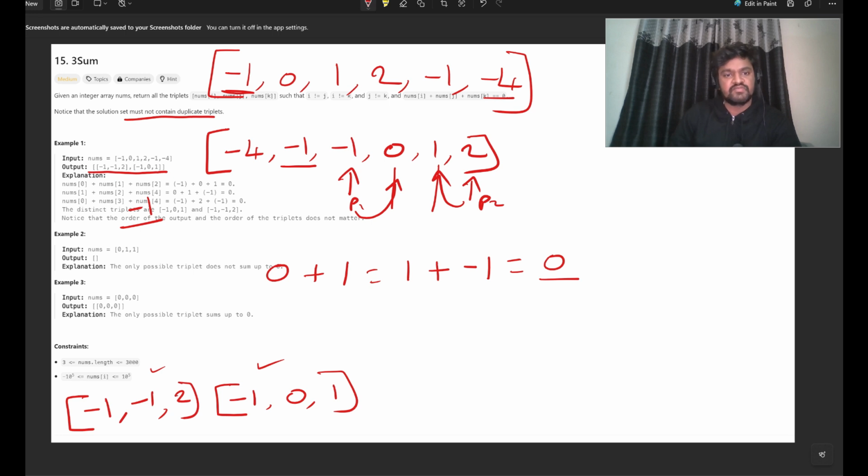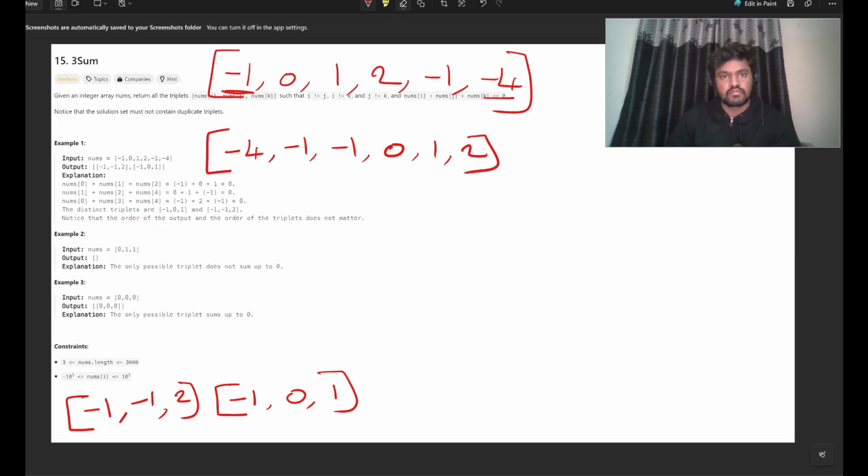Now after that, we should move our static value one step ahead, and we can start the same procedure again. Okay, now I'm moving here, p1 is here and p2 is here. Minus 1 is the static value, right? When I do it, p1 points to 0 and p2 points to 2, the answer is 2 plus minus 1, which is 1.